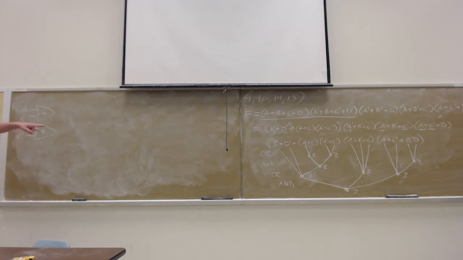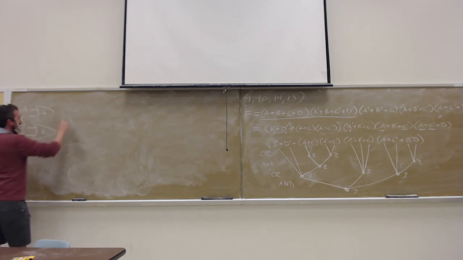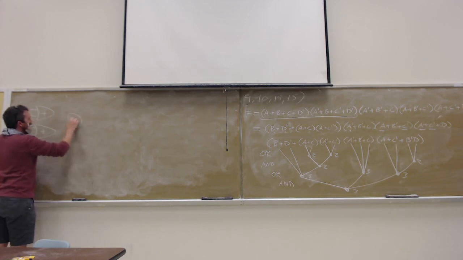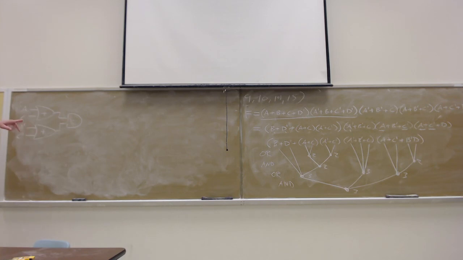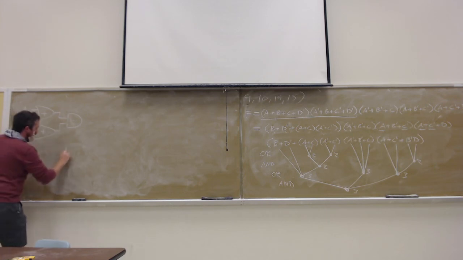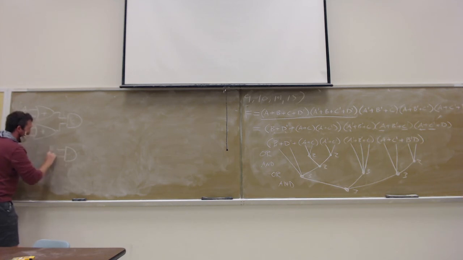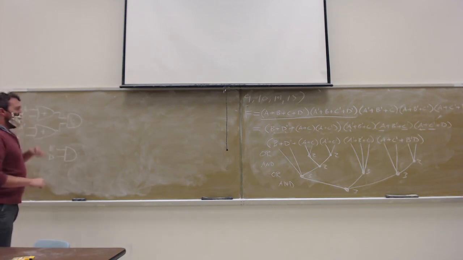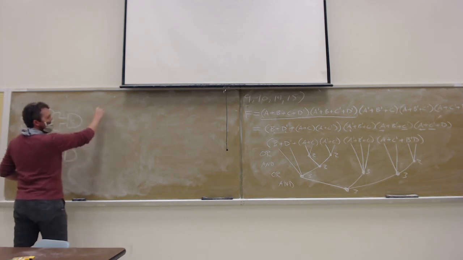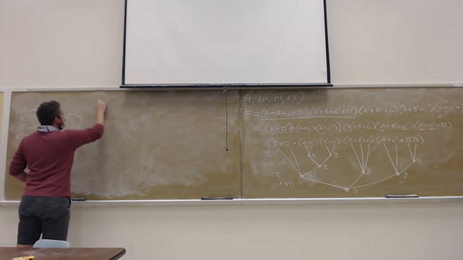The next level is our AND level. That was these two. And down there at the end, the B prime and D. And those fed into an OR. Let's see. We had how many OR gates? 3 OR gates. That would be 3.